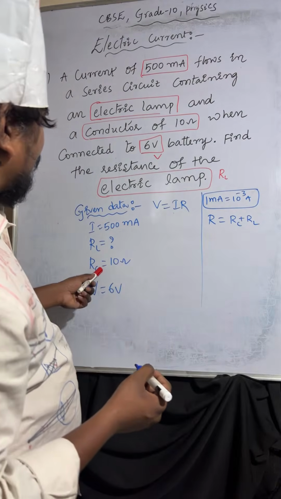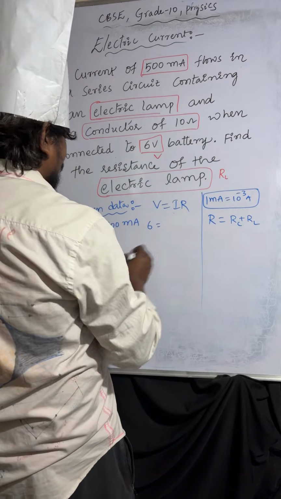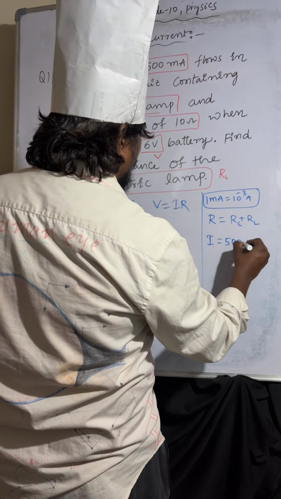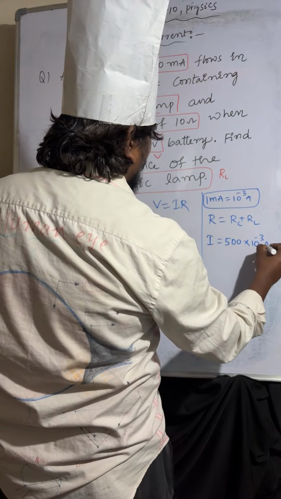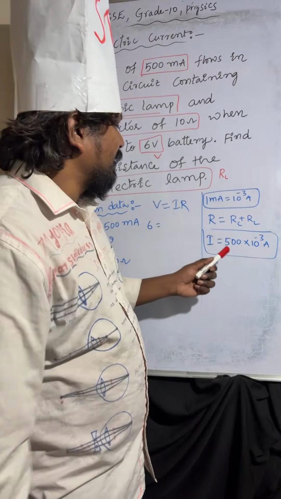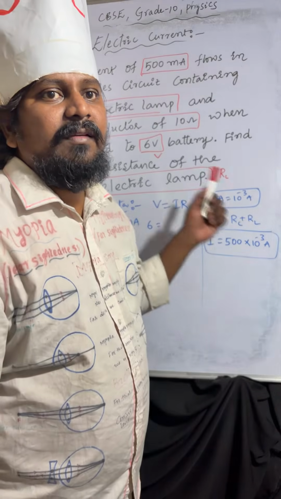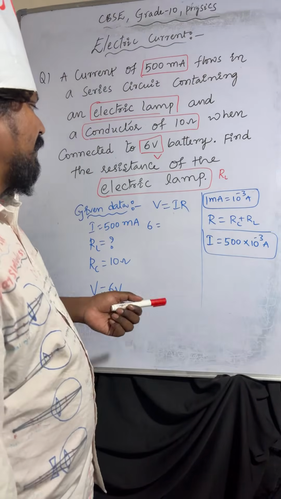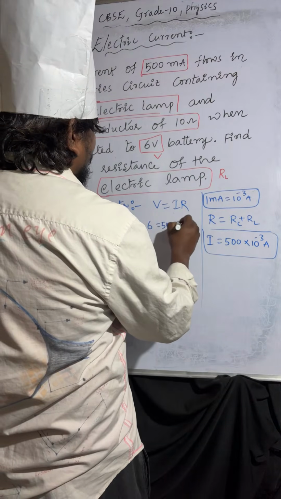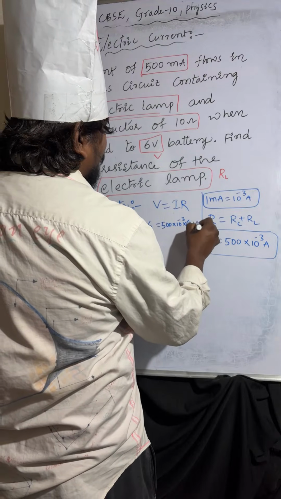We know the resistance of the conductor is 10. So V is 6, and current I equal to 500 into 10 power minus 3 ampere, because they gave 500 milliampere. Substitute here: 500 into 10 power minus 3 into RC plus RL.